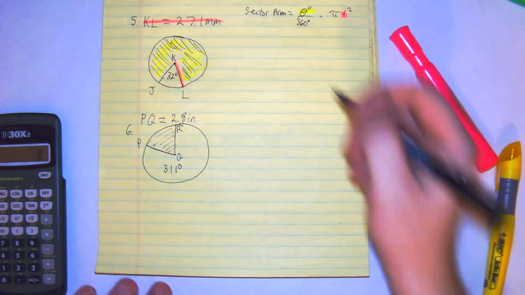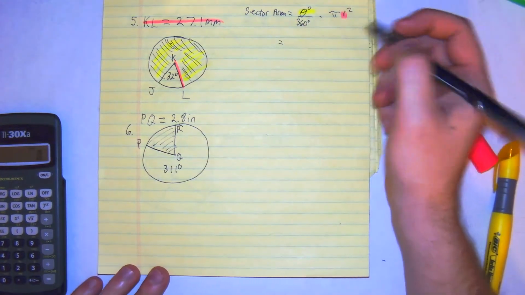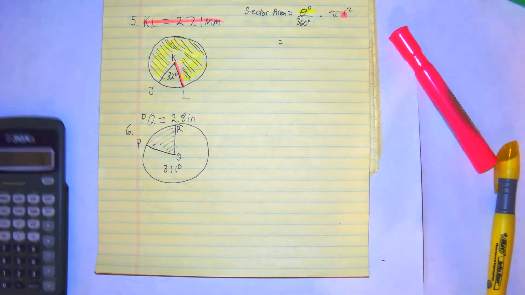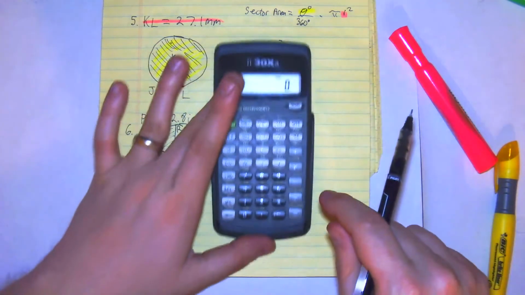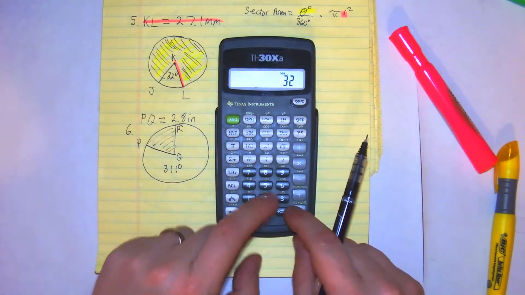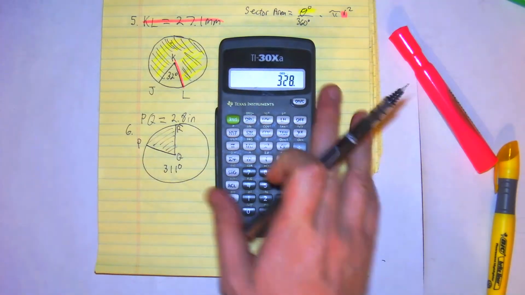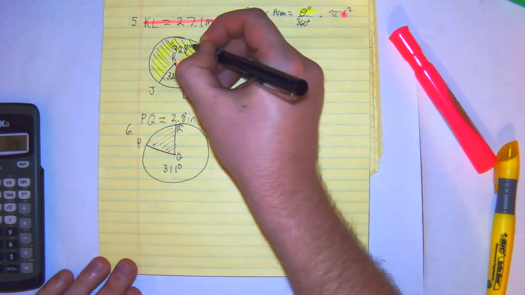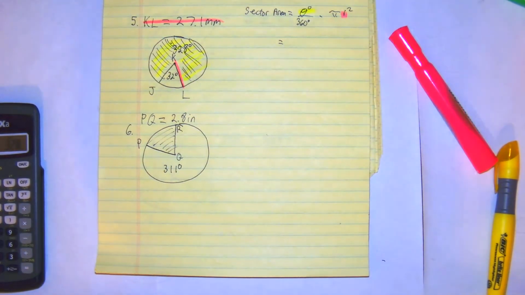I'm going to plug this into the formula, which is equal to, oh shoot, we don't know what that degrees is. To find it, you just do 360 minus 32, which will get you 328 degrees.